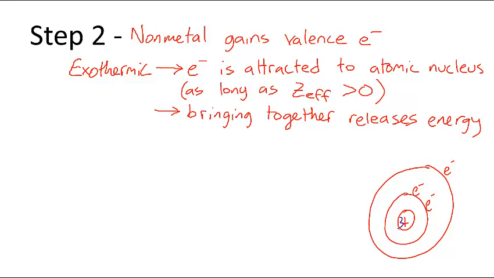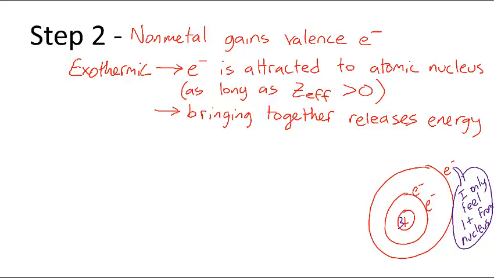Say this is lithium. There's 3 positives in the nucleus. It looks in that direction, and there's 2 negative charges kind of screening its view of the nucleus. So really the only thing it feels is 1 positive charge. Okay? So that's what Z effective is.